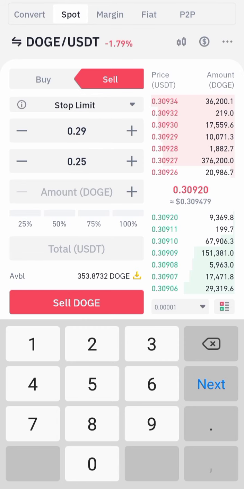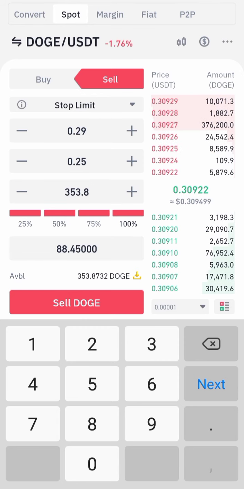So how many percent of the Doge are we selling? Same, we're selling 100%. So you can see we're selling back at a value of 88 USDT, which is almost like a 20% loss. Like I said earlier, it depends on your level of risk tolerance.